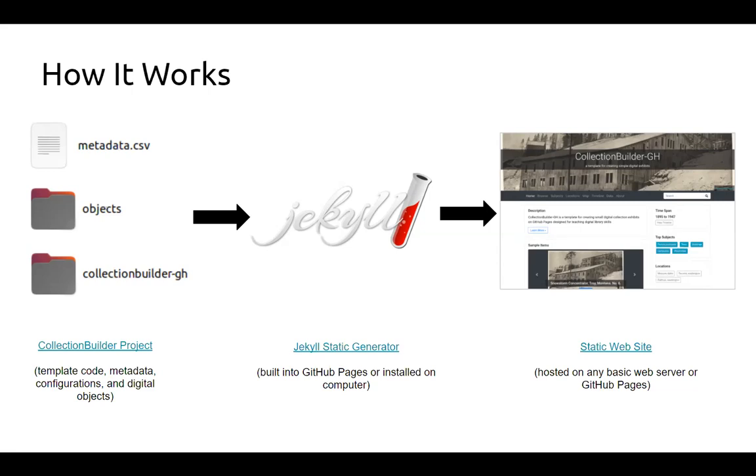And this is in contrast to platforms you're probably familiar with and content management systems you're familiar with, such as WordPress or Drupal, which use server-side processing to render a page only after the user chooses to navigate to it. In contrast, in a static site, that page is already rendered before the user navigates to it.